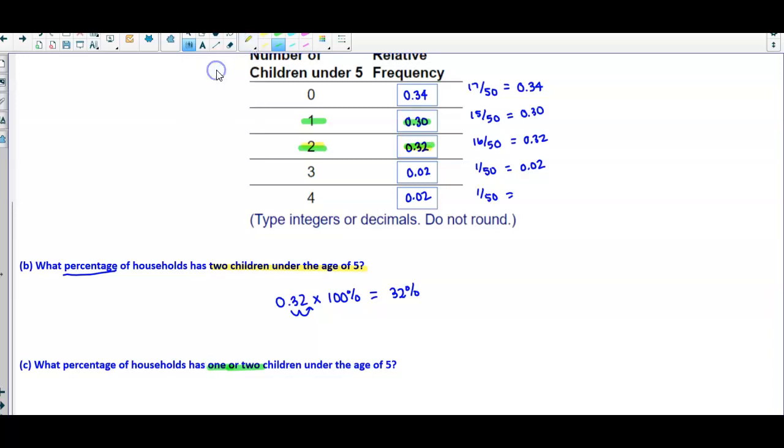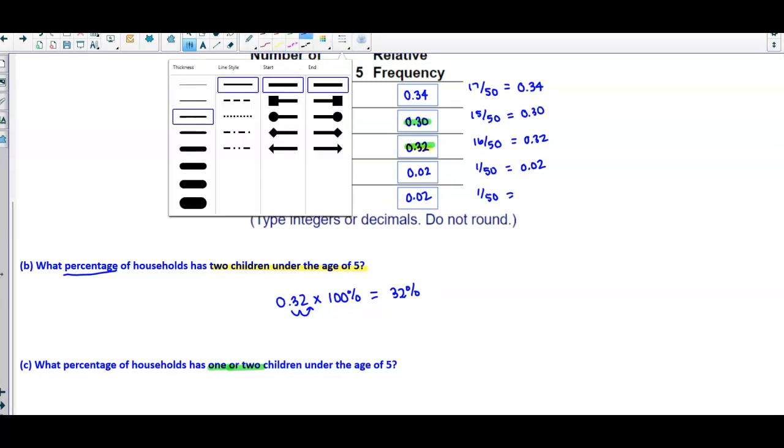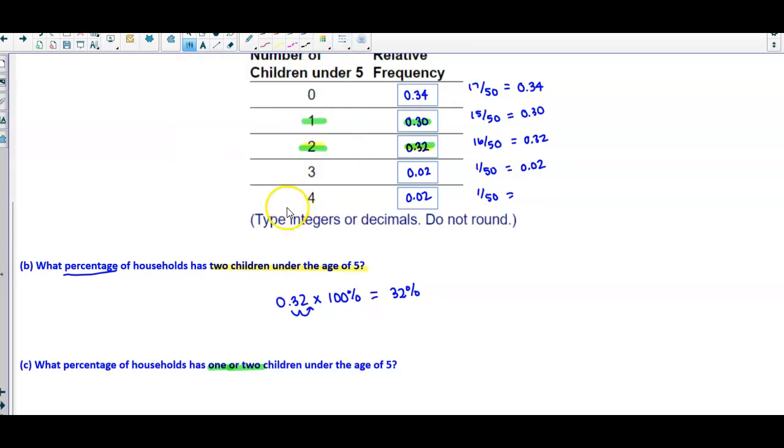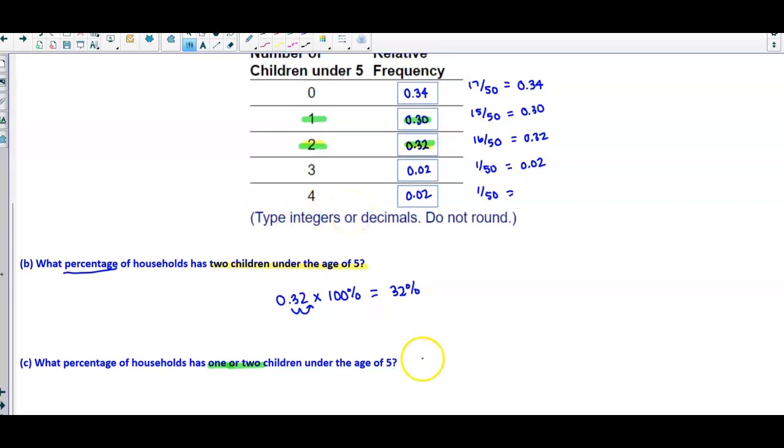So that means we have 2 values that we need to take a look at here. So what's going to happen is we're going to take 0.30, and then we're going to add the 0.32. And we're going to add there because it just says 1 or 2. It doesn't say 0. It just says 1 or 2. So we're only including the 1 or the 2.